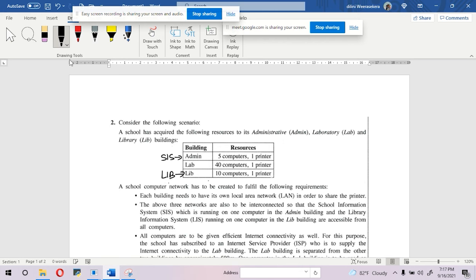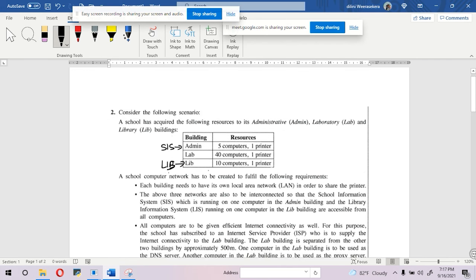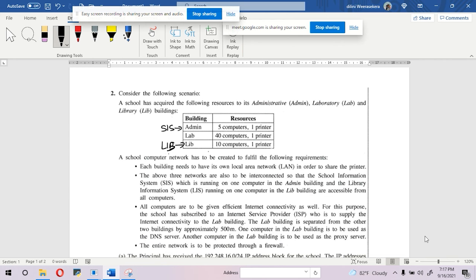So only two systems, SIS and LIS. One is in admin, and the other is in the library. Then they say all the computers should be given an efficient internet connection.